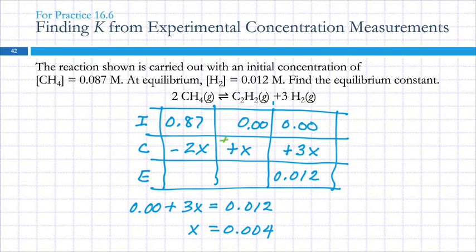So this would be plus 0.004. Or if you just want to look at it, okay, it's this plus X, that's X, and so this must be 0.004. This is minus 2 times that. So 0.87 minus 2 times 0.004, 0.862.